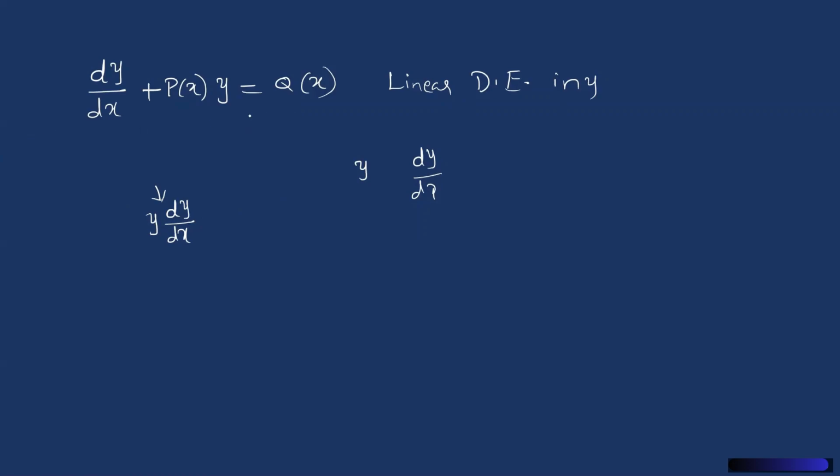In any term individually, the degree of the dependent variable or its derivatives, even when they are together, must be exactly 1. Then only we call them linear differential equations. And if the dependent variable is y, we take it as a linear differential equation in y.